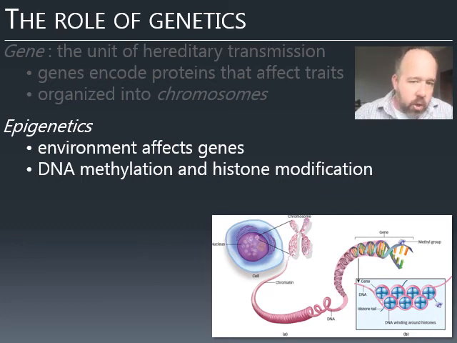So methylation is a way of adding a little molecule, a methyl group, to a particular section of DNA, and then that DNA won't be read. So even though you have the gene, it's not active, can't make the protein, and that'll determine whether or not that trait is expressed. Similarly, there's histone modification. So histones are these little balls of protein that DNA wraps around. And so it's a way of compacting the DNA. It fits in a smaller space.